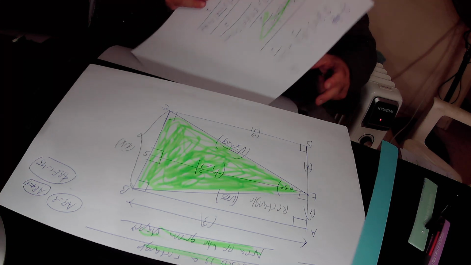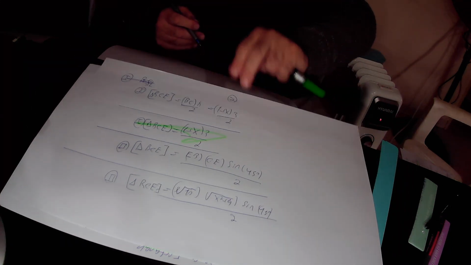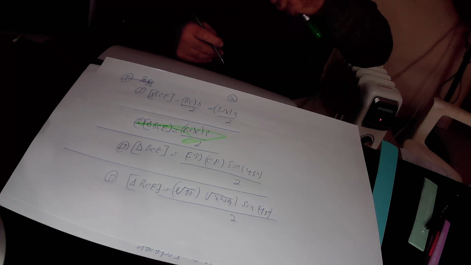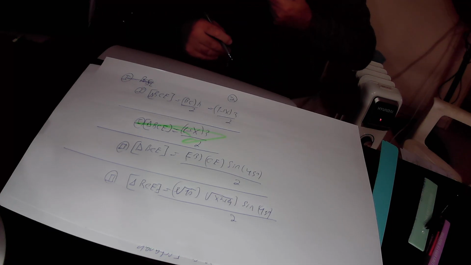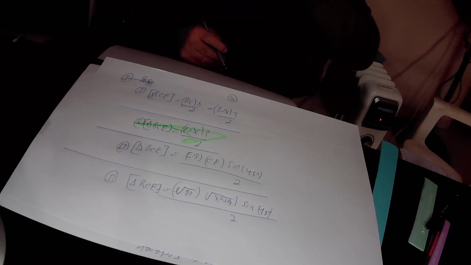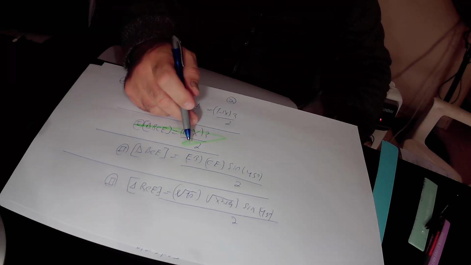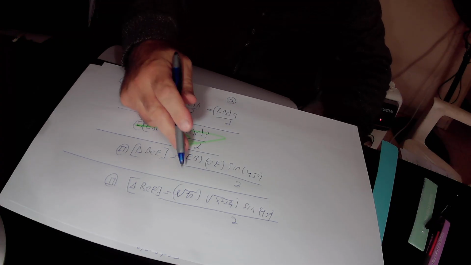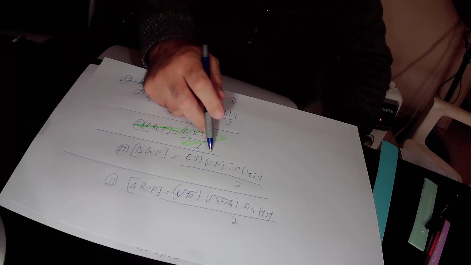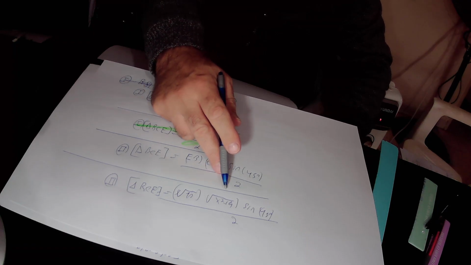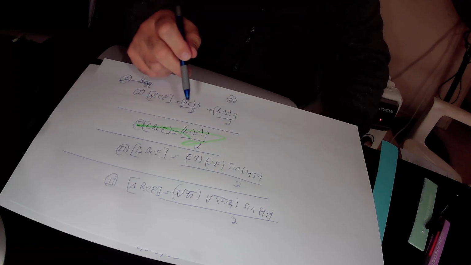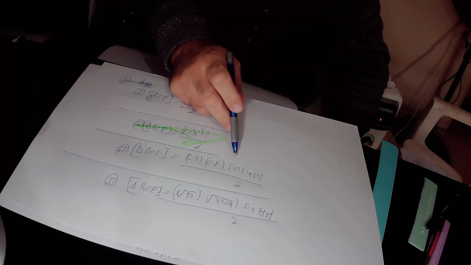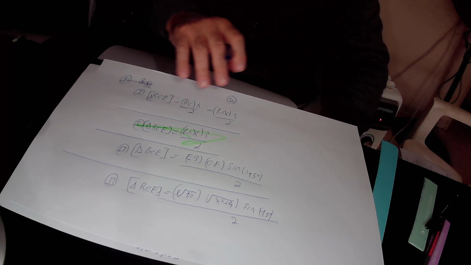So we found that the area of the green triangle BCE equals the square root of 10 times the square root of x squared plus 9 times sine 45 degrees over 2.